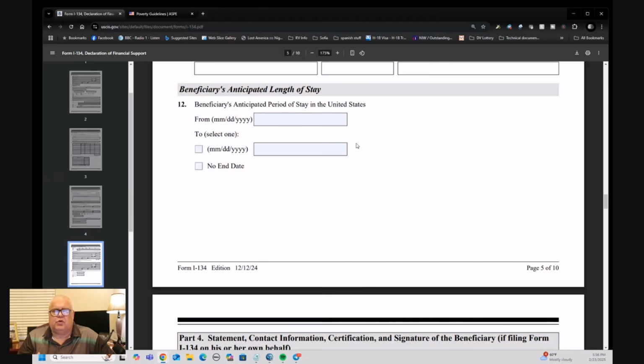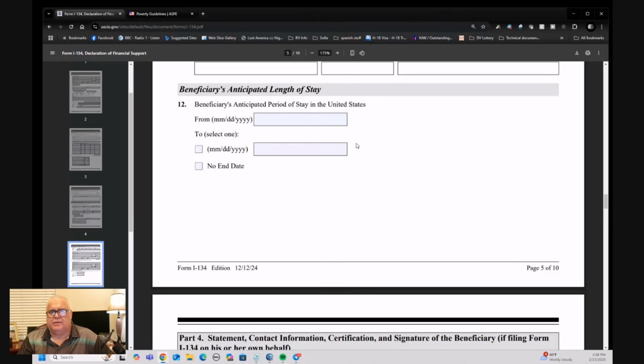But there is no question now for the number of derivatives that the beneficiary has, which is fine. It's not a mistake in the form. You don't need to worry about the children. It is quite obvious to the consular officer how many people need to be added and taken care of by this form. They don't need to see those details on this form in order to take those people into account.